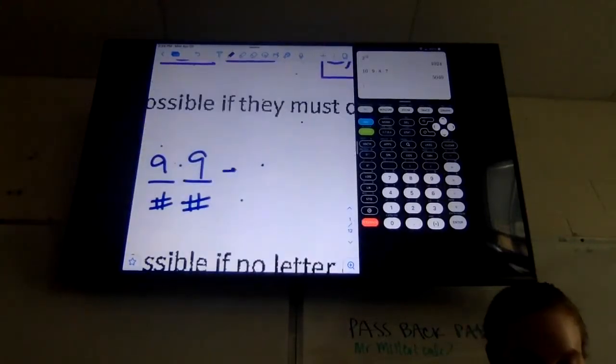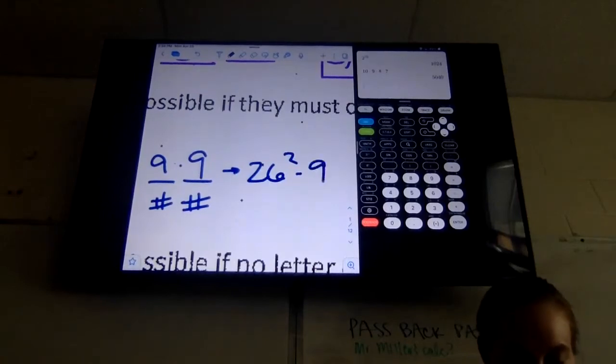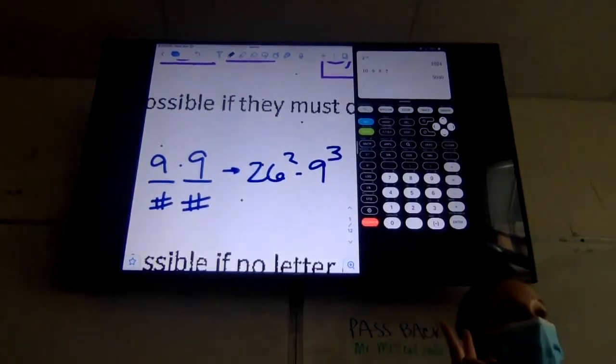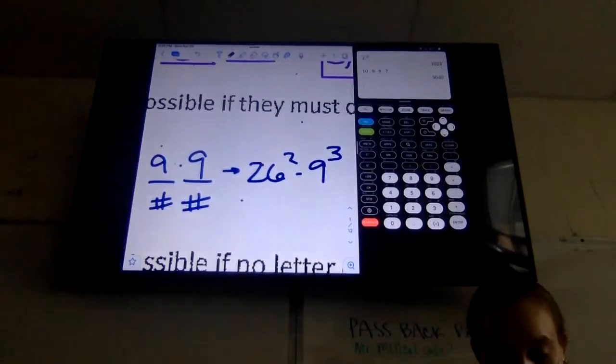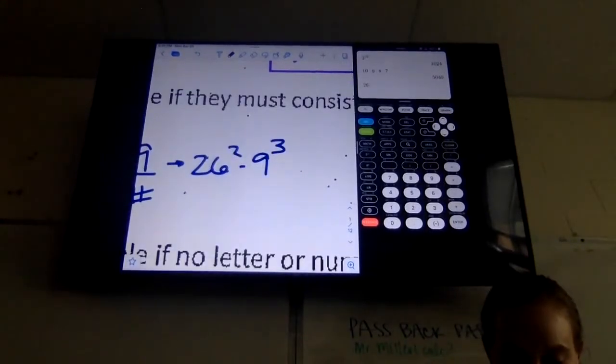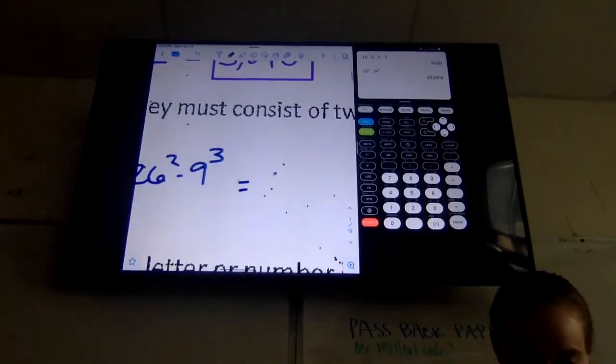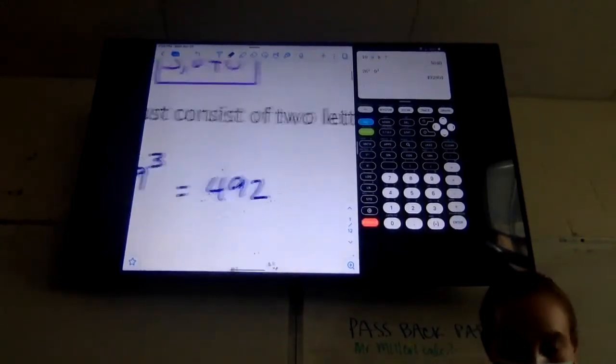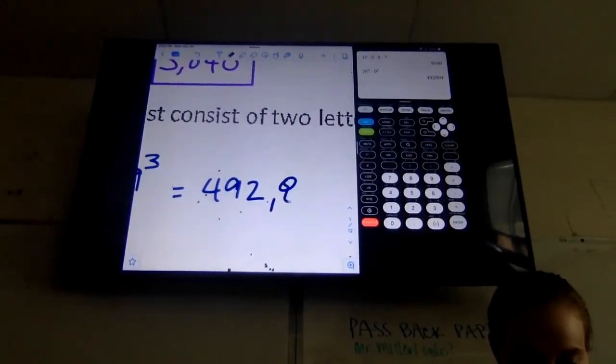Or you can do 26 squared times 9 to the third, because I've got 26 times itself twice and 9 times itself 3 times. Either way, you're going to get the same answer as long as you do the right thing. And I get this giant number, 492,804.